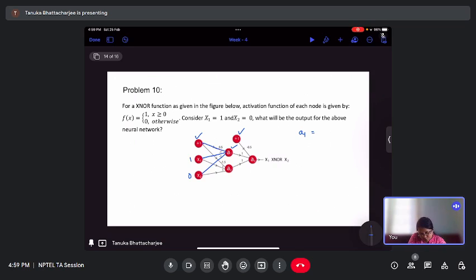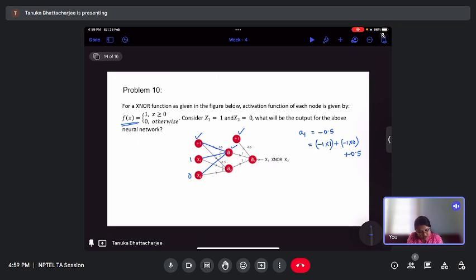So, now x2 is 0. So, we have -1 into 1 plus -1 into 0 plus 0.5. So, -1 plus 0.5, you have -0.5 here. Now, on top of that you will have this activation function.